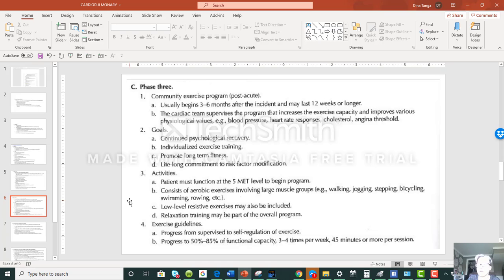Relaxation training may be part of the overall program. Exercise guidelines progress from supervised to self-regulated exercise. Progress to 50 to 85% of functional capacity, 3 to 4 times a week, 45 minutes or more per session.